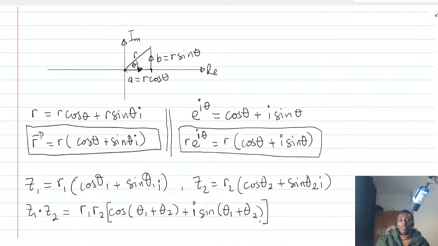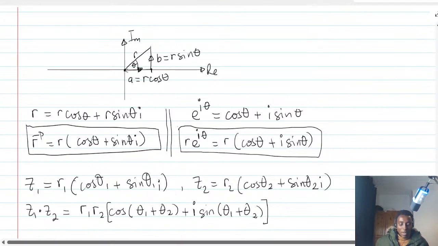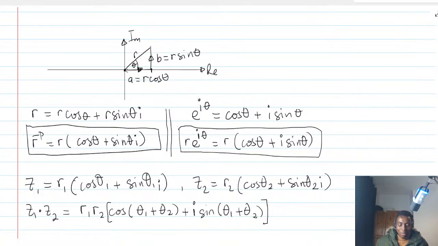In fact, this is very, very important, and then everybody must take notice of this. Whenever you are multiplying in the polar form, you first of all write the product of the magnitude. So the magnitude of the first complex number, the magnitude of the second complex number, you multiply, and then cosine of the angles. So you add the angles, and then plus I sine of, again you add the angles. Okay.